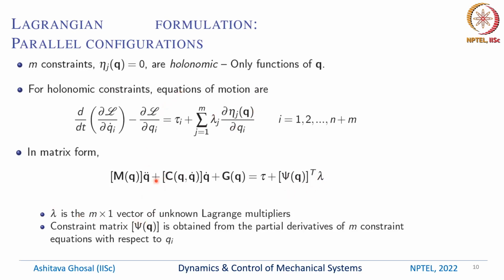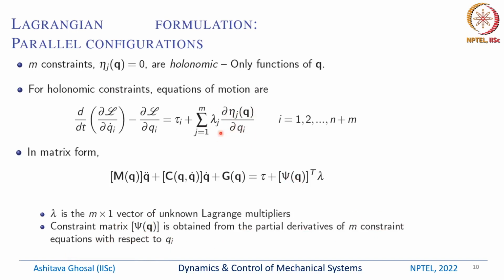So in this equation, we have lambdas, which are the Lagrange multipliers. There are m of these Lagrange multipliers coming from the m constraint equations, and then this constraint matrix psi of q is obtained from the partial derivatives of the m constraint equations with respect to q_i.